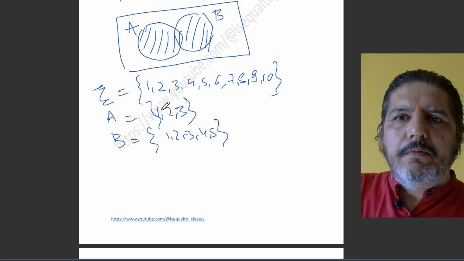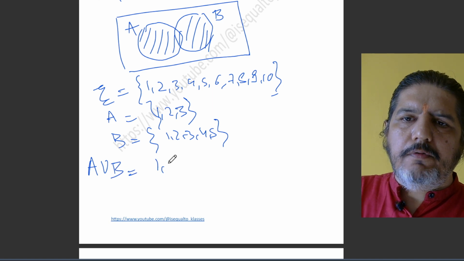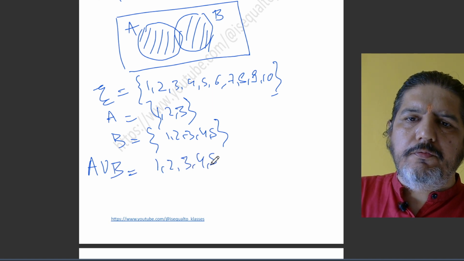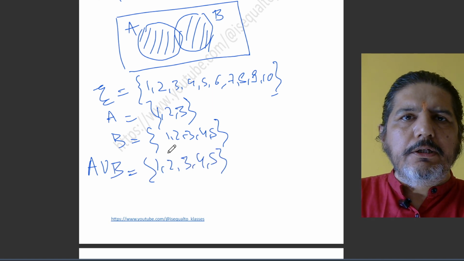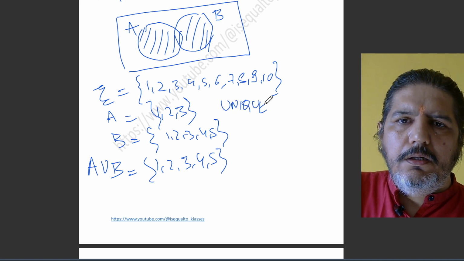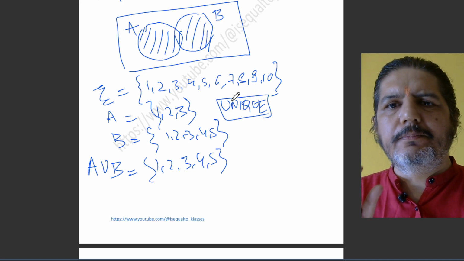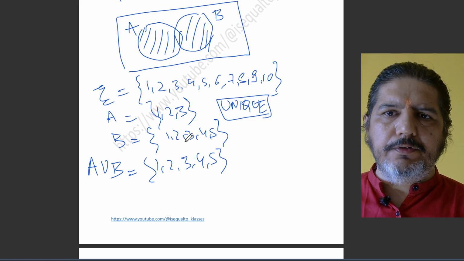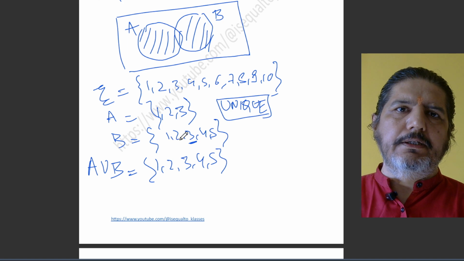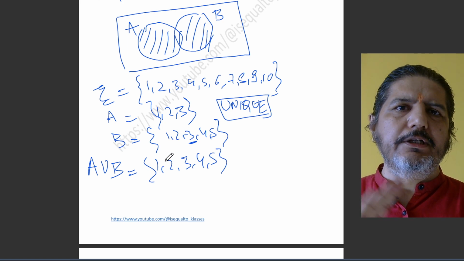Now, when I am writing the union, A union B, it will be 1, 2, 3, 4, 5. Basically, the unique elements. Please remember this word, unique. When I say elements, elements imply the members of a set. For example, 3 is an element of the set. So A union B would be 1, 2, 3, 4, 5. Unique elements are 1, 2, 3, 4, 5.